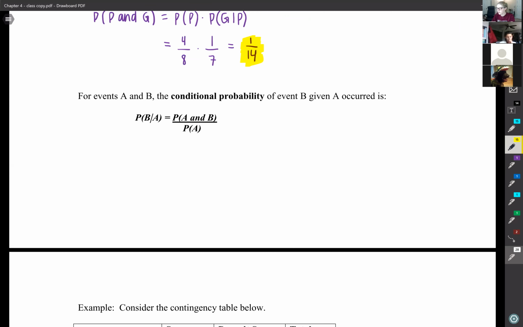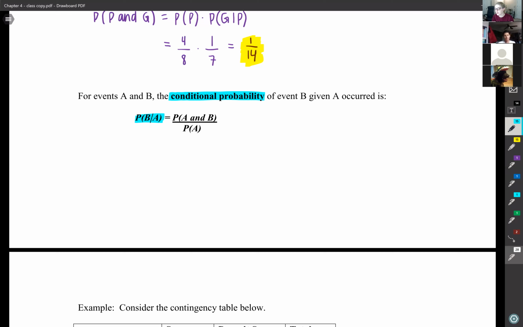Okay, so for events A and B, the conditional probability, so remember that's the probability that B occurs given that A occurred, is equal to the probability of A and B occurring over the probability of A occurring. So I warned you there were a lot of formulas with probability for different types of events or scenarios.